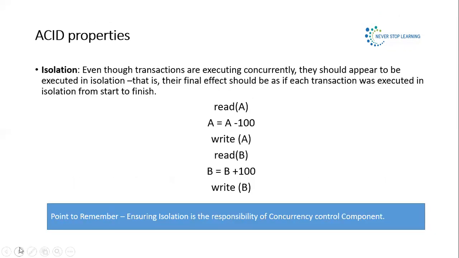Third property is isolation. Even though transactions are executing concurrently, they should appear to be executed in isolation. That is, the final effect should be as if each transaction was executed in isolation from start to finish.